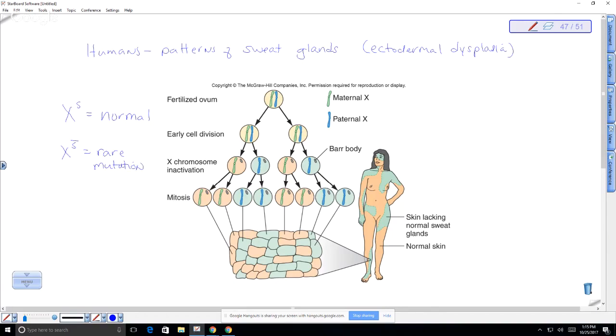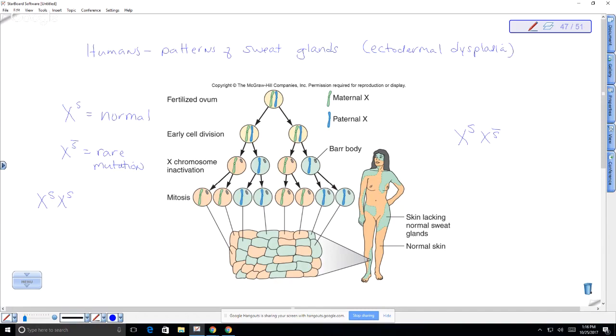Most of us are this, where sweat glands are evenly distributed over our body, right? But if you are a heterozygote, so big X and then little s, you could have ectodermal dysplasia, where you could get certain parts of the skin lacking sweat glands.